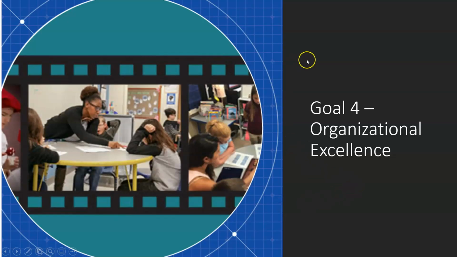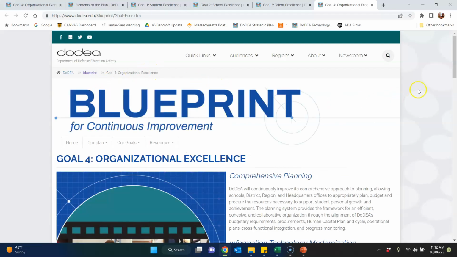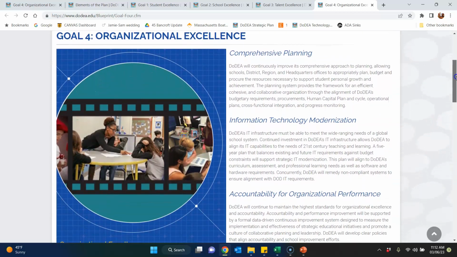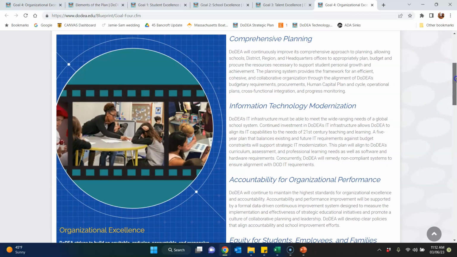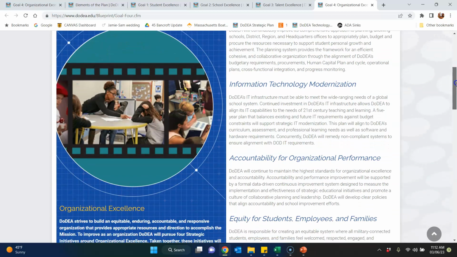And finally, organizational excellence. This is the whole DODEA system. So taking a closer look there, DODEA wants to continuously improve its comprehensive approach to planning, allowing the schools, the district, the region, and headquarters to appropriately plan and budget.